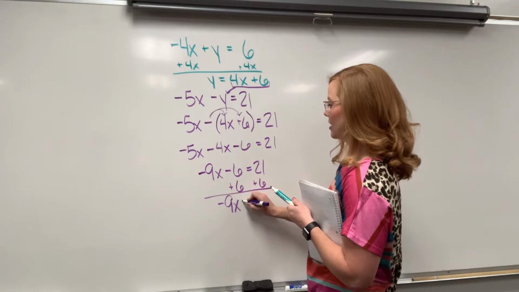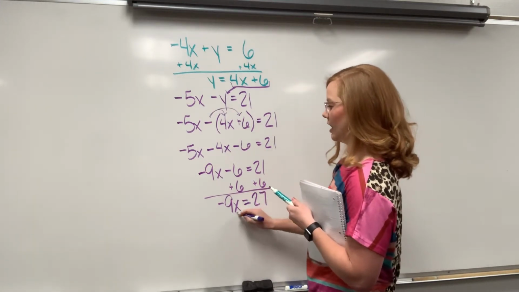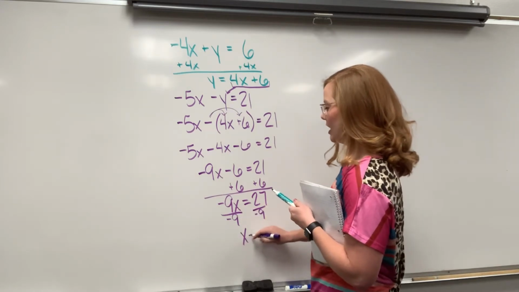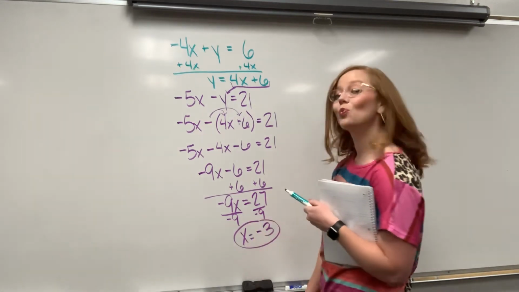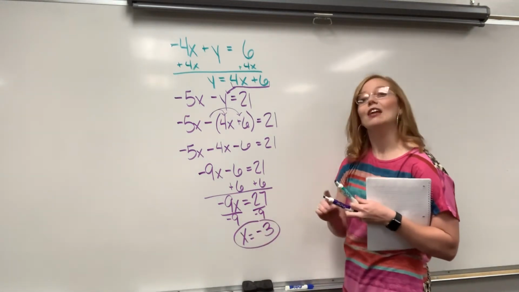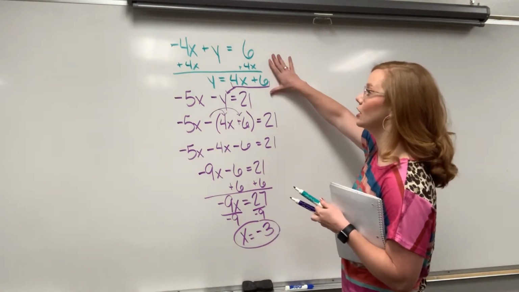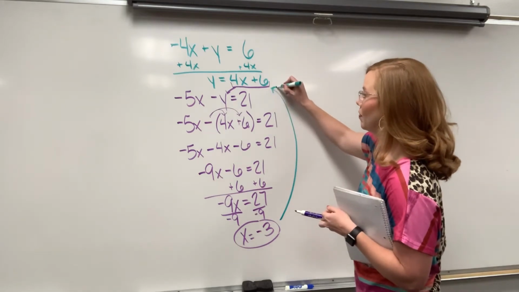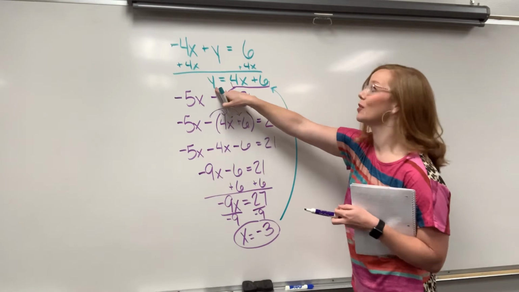Add 6 to both sides. Negative 9x equals 27. Last step. Divide both sides by negative 9. X equals negative 3. There's one of my coordinates. Now that we found one, we can plug it into one of these original equations. I'm going to plug it back into y equals 4x plus 6 because it's already solved for y, and that's what I'm looking for.